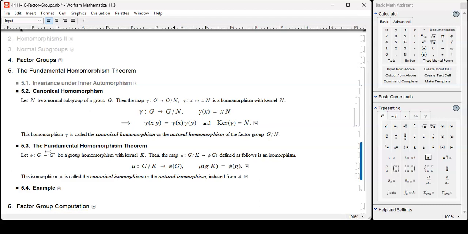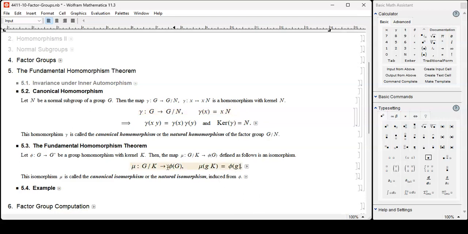Let's begin. Let phi be a group homomorphism from a group G to another group G prime with a kernel K. In the special case when the kernel K is N, we get this. But in general, it works for all other kinds of things as well.